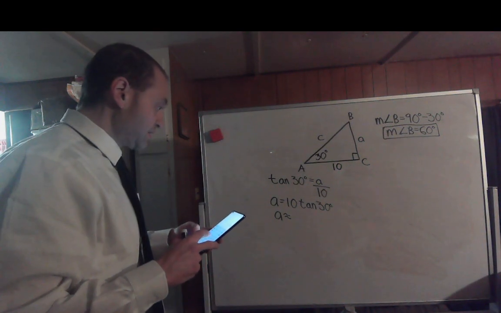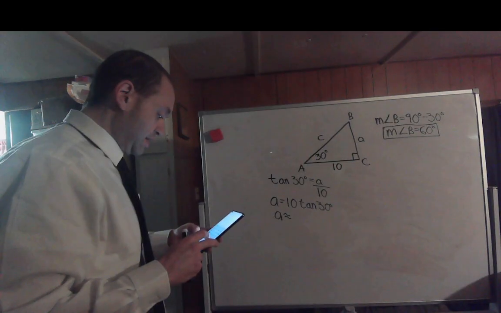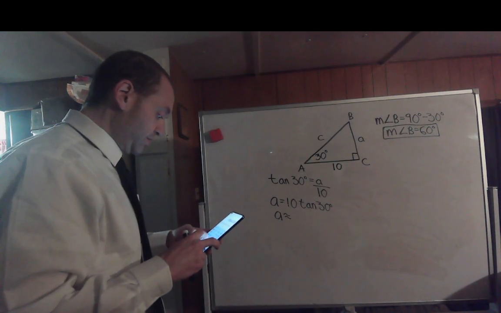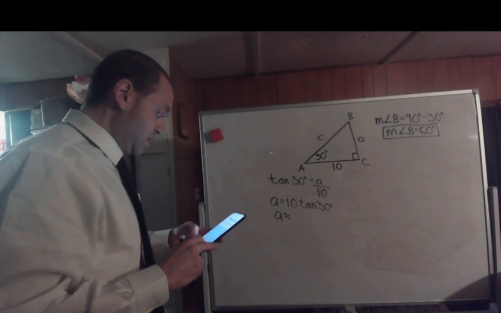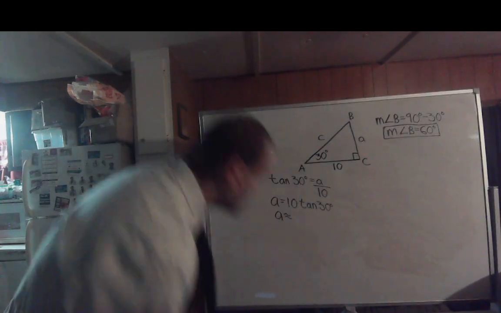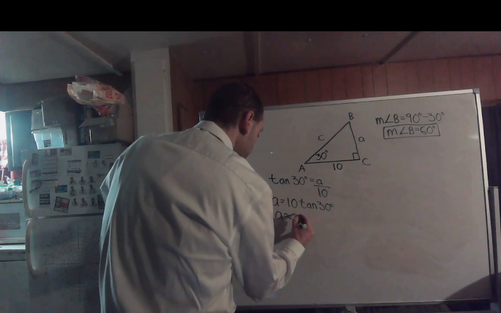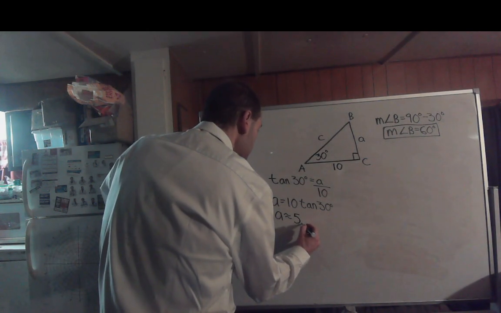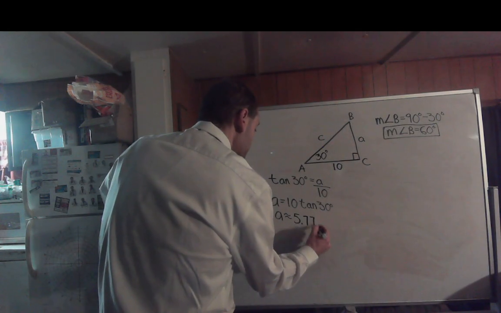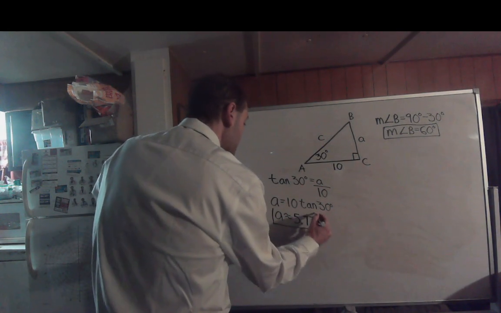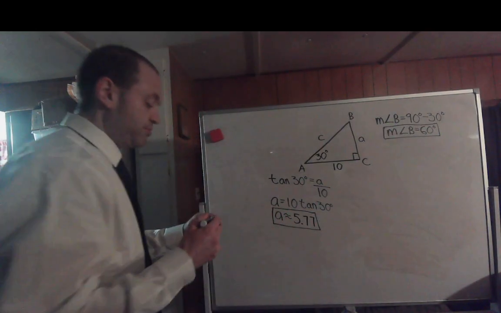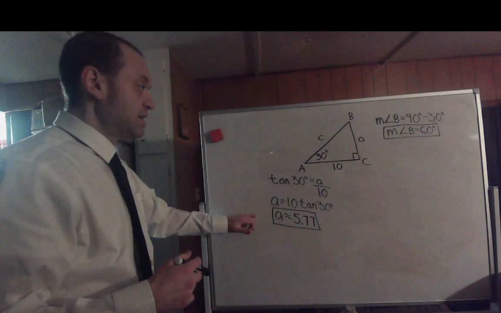All right, degrees, there we go. So 10 times the tangent of 30 degrees, to two decimal places, would give you a length of approximately 5.77 units. So A is approximately equal to 5.77 units.